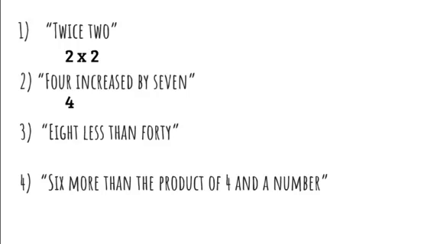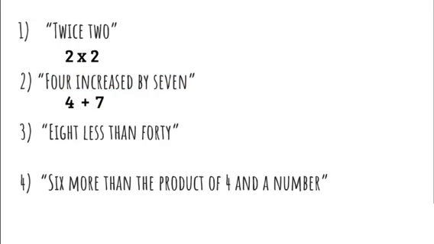Then we've got 4 increased by 7. So 4 increased is plus 7. So we're just taking the order that this is written in, and we are just making our mathematical sentence match that same order.